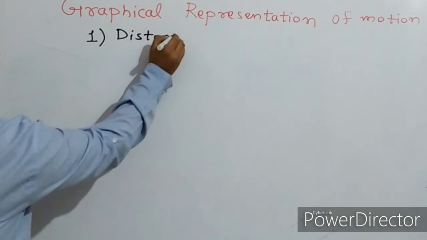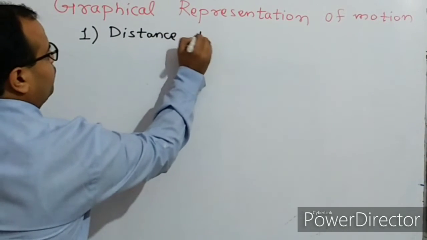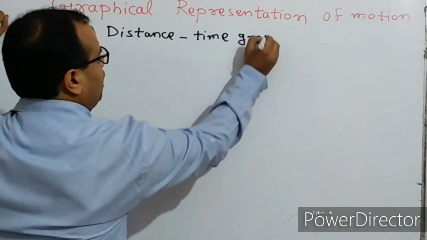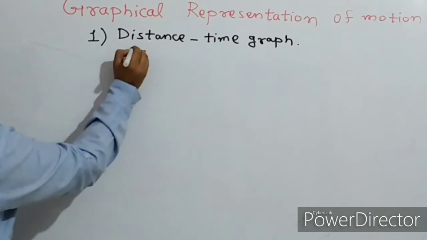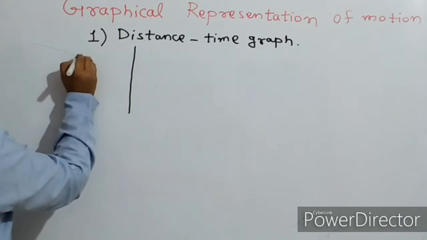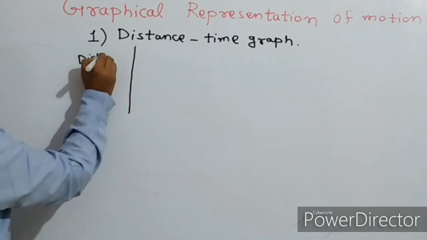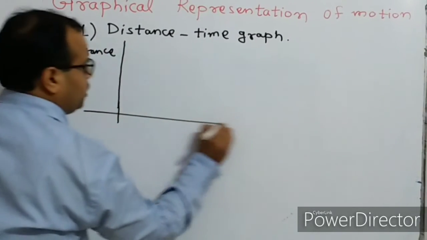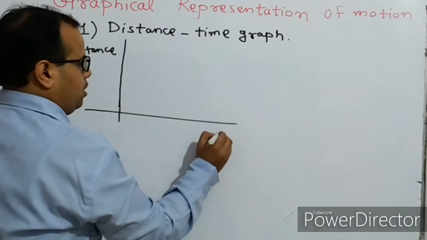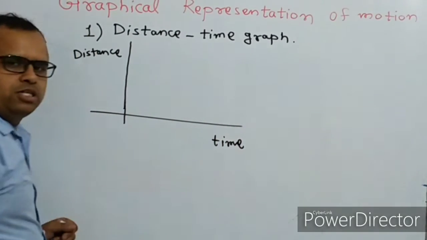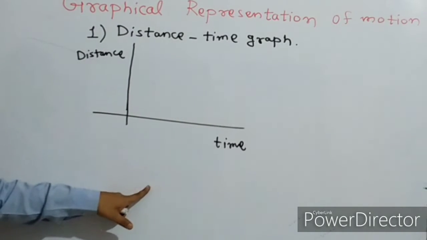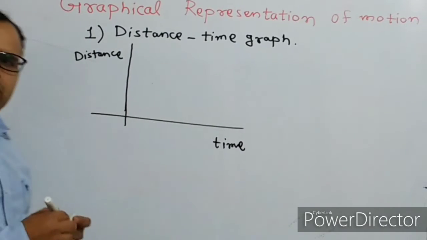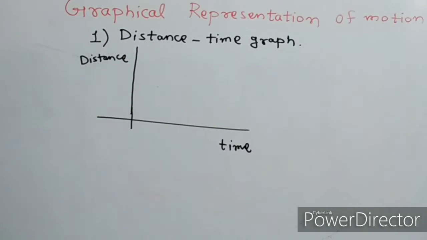In the distance time graph, we take the distance covered by the object on the y-axis, and the time taken by the object on the x-axis. We plot the variation of distance with time, and this is called the distance time graph. There are various types of distance time graphs which are possible.